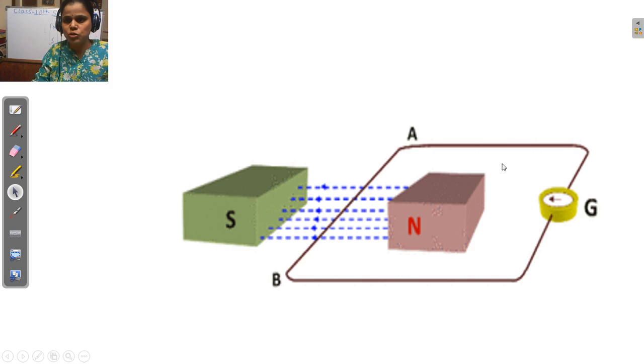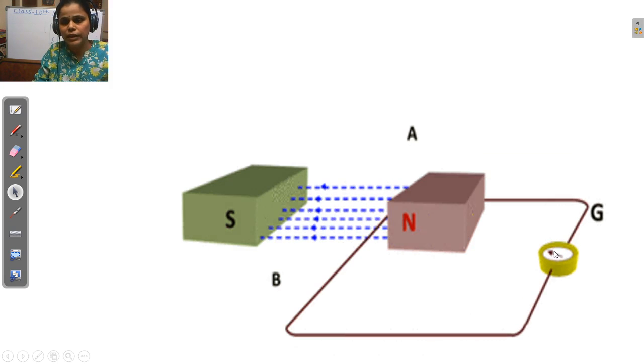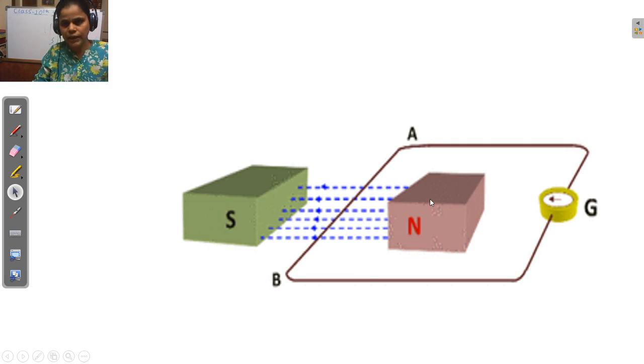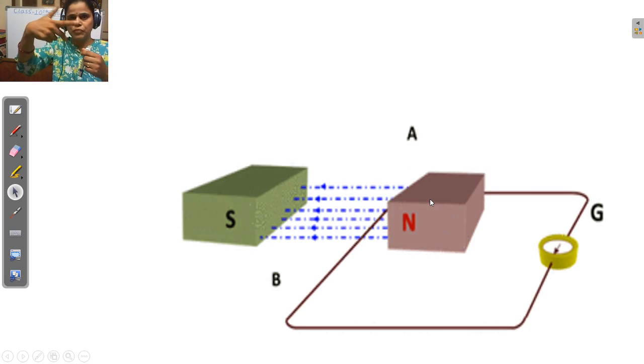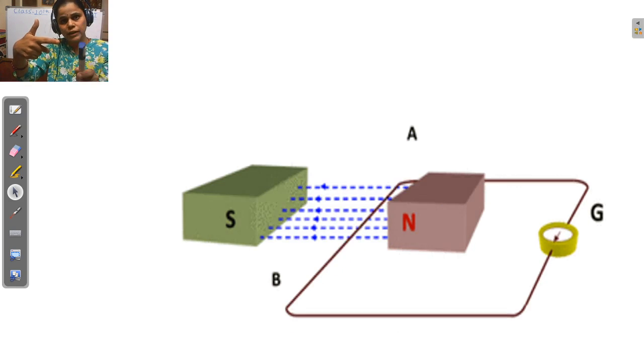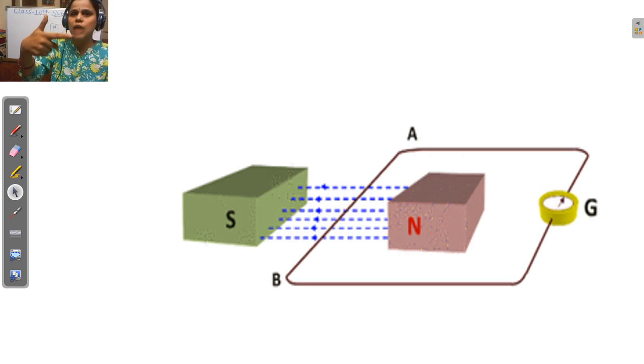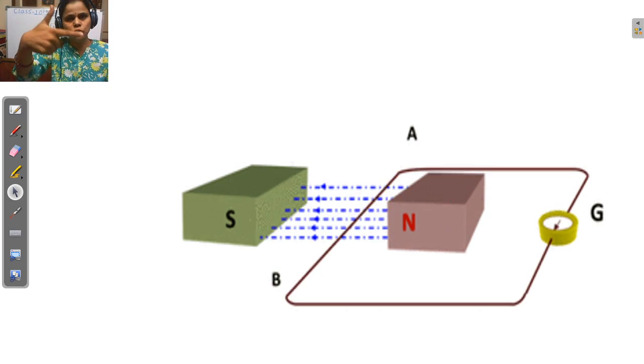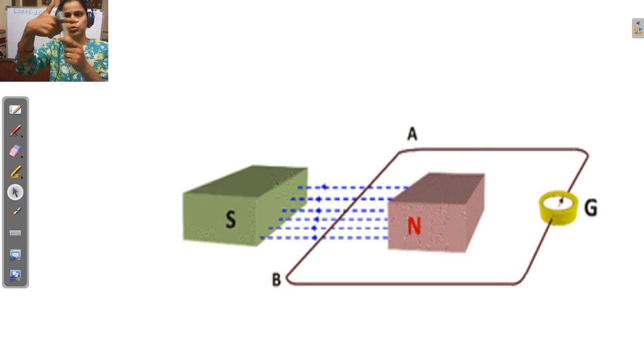So the direction of the current you can see in this galvanometer. Understand? Just stretch your fingers. What is the direction of the magnetic field? The direction of the magnetic field is from the north pole to the south pole.